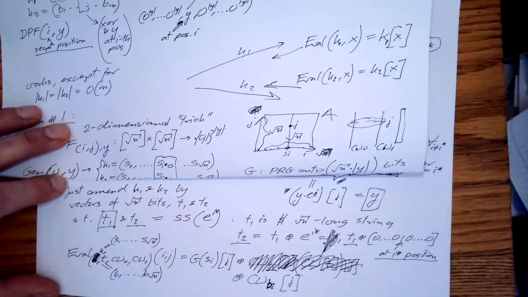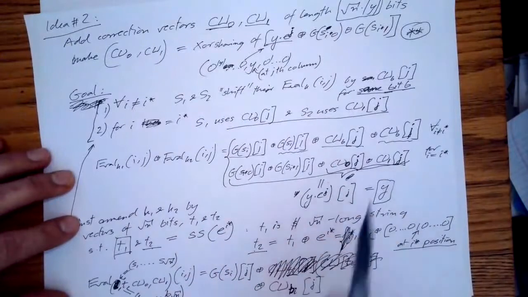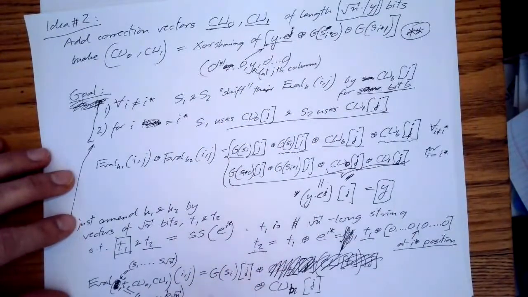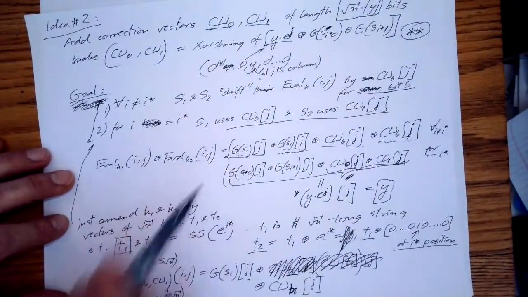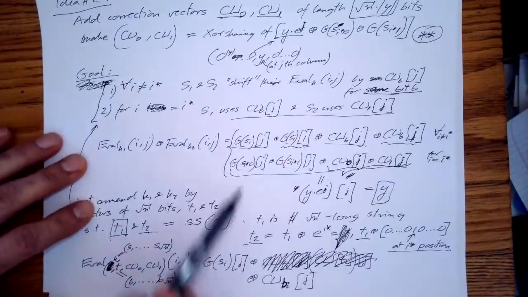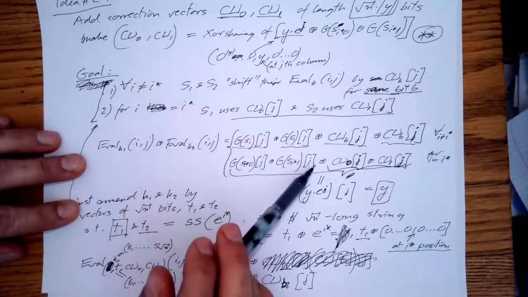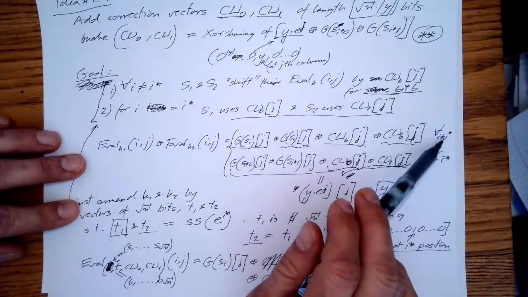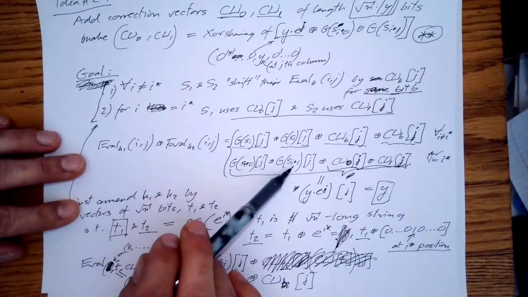Okay, so now I get this property. No matter what place I evaluate, if I XOR these two values, the one that S1 generates and the one that S2 generates, I get this and that, depending on whether I'm at a position different from I star, where these are the same, or at I star, where these are different.